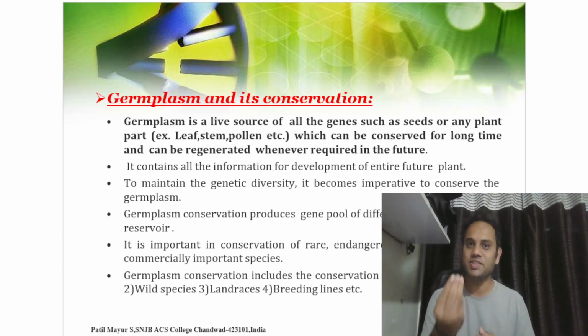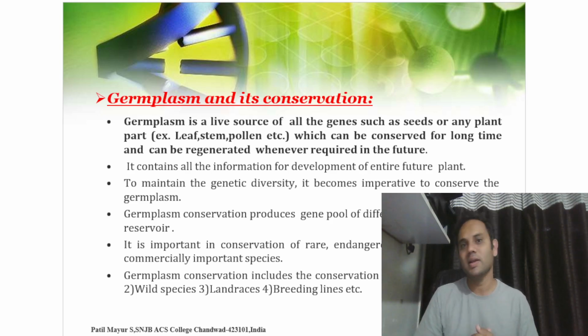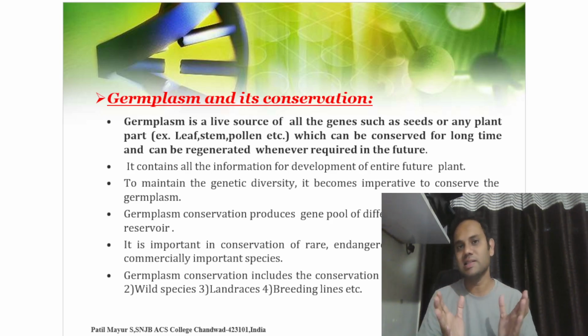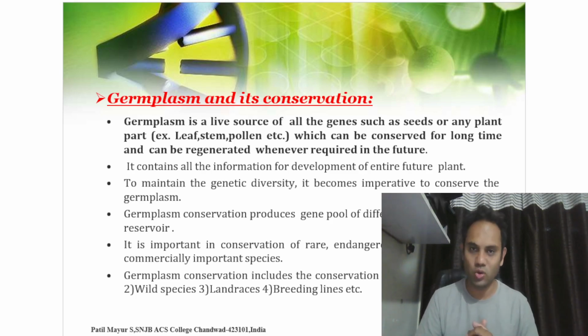Basically, germplasm is a future plant or future life that we have to conserve today. A simple example is seeds. If you preserve seeds, they can grow year after year. So this can be a germplasm.